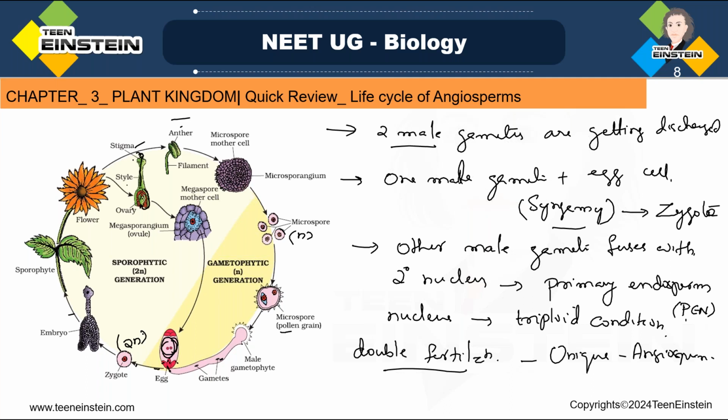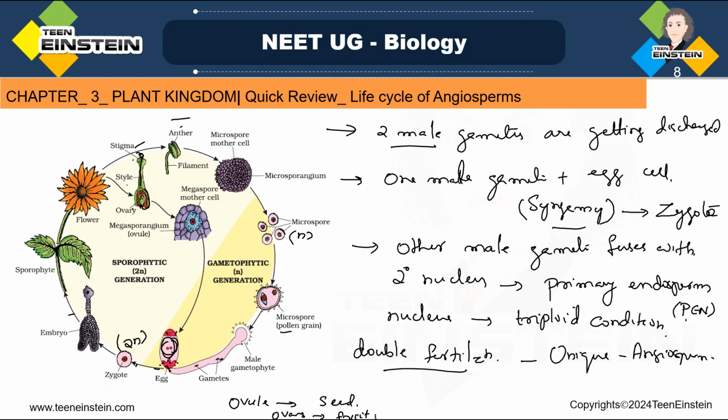And here the synergids, we said two synergids are there, and the antipodal cells, all these will degenerate after fertilization. And during all these events, the ovule is getting developed into seed, and the ovary into fruit.